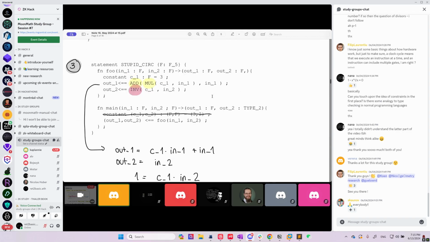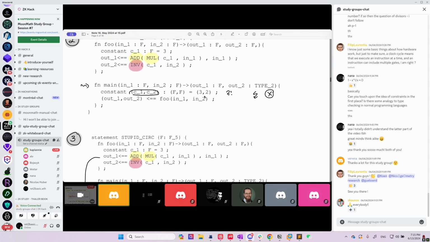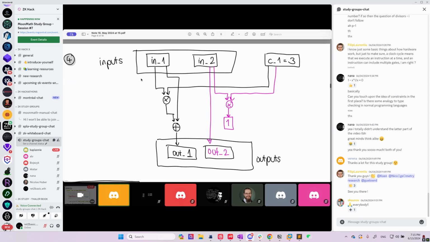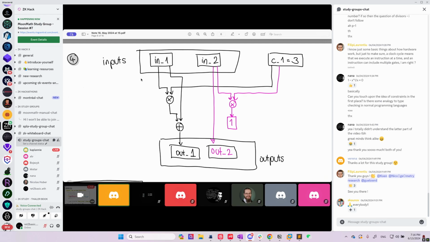It would be wrong if we wanted to constrain the second input to be the inverse of 3 to just give it back, right? We need to actually constrain it, so we need to use the right constraints for it. Okay, so this was a very basic example.